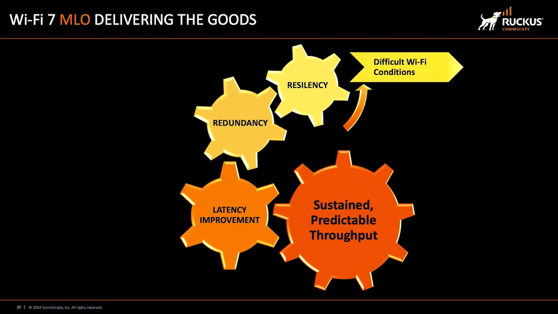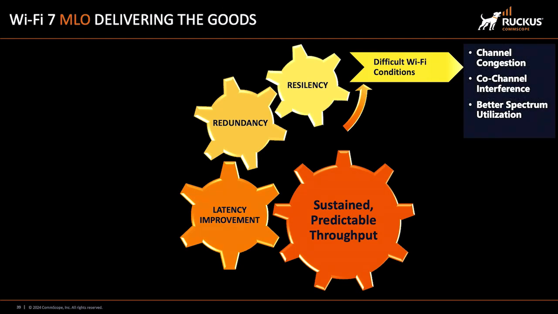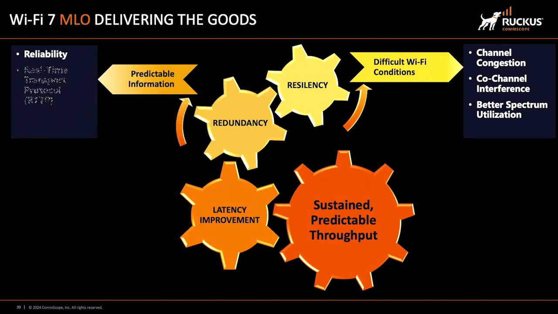So we have resiliency for difficult Wi-Fi conditions like channel congestion and co-channel interference, and we need these things to get us better resiliency. We also need redundancy improvements for reliability, real-time transport protocols, whether it's voice, video, whatever. We still need that, and we need predictable roaming. So as we move, we're able to track it.